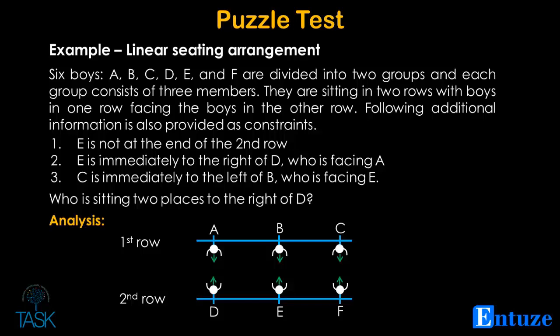Now, going back to the question, who is sitting second to the right of D? The answer here is F. This is how we solve linear seating arrangement problems. Remember that if you first represent the problem statement using a diagram, it will help you to understand an abstract problem visually, which is typically easier to follow and solve.